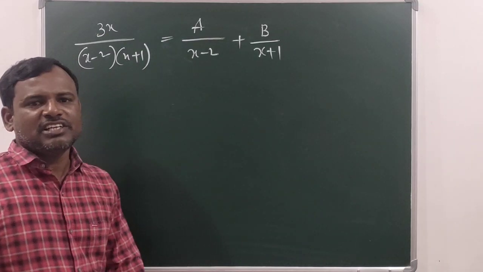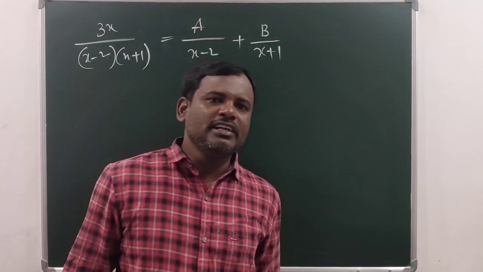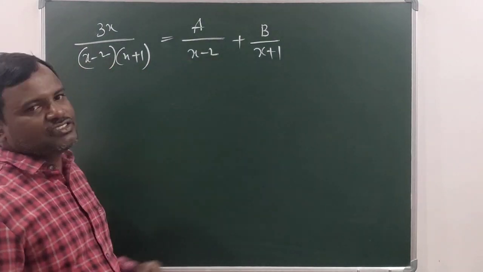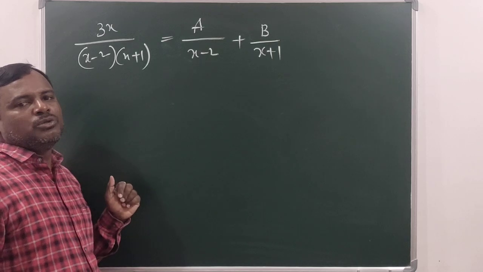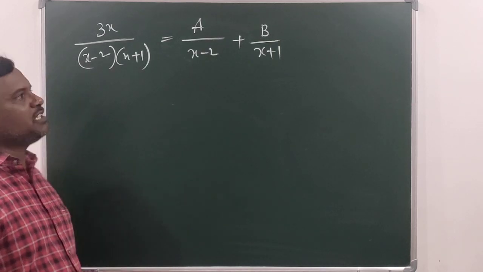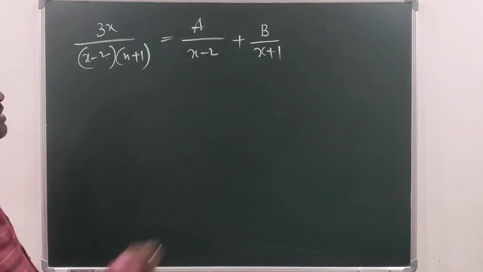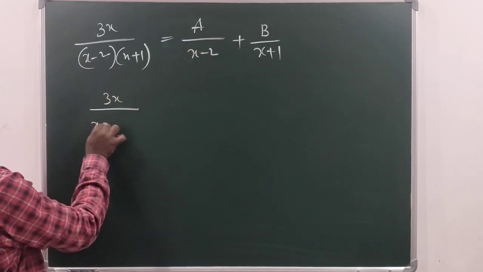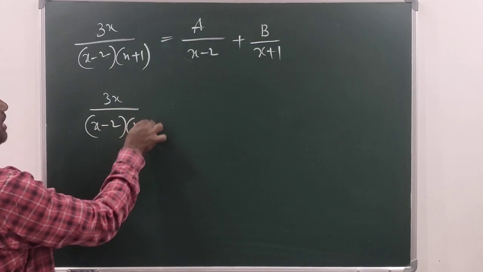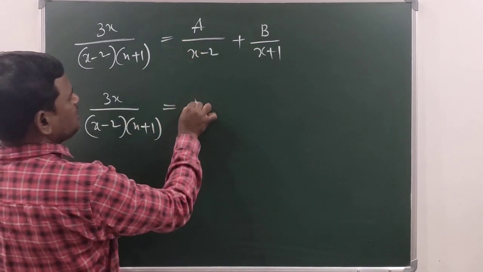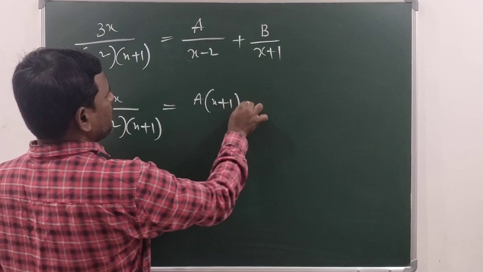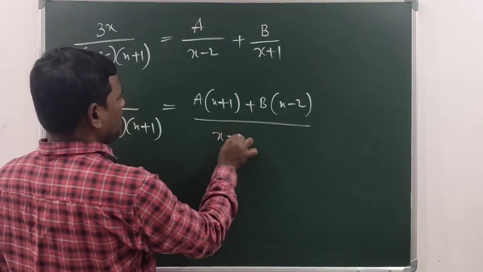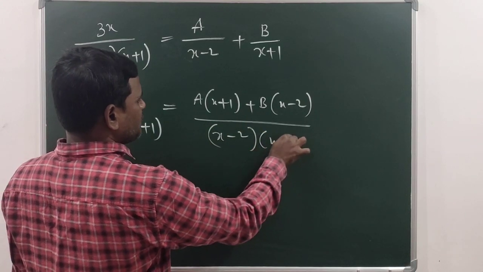You know, whenever the rational fraction contains non-repeated linear factors in the denominator, in such a case we resolve it into partial fractions like this: A / (x - 2) + B / (x + 1). Now take cross multiplication. Now 3x / ((x - 2)(x + 1)) equals (A(x + 1) + B(x - 2)) / ((x - 2)(x + 1)).